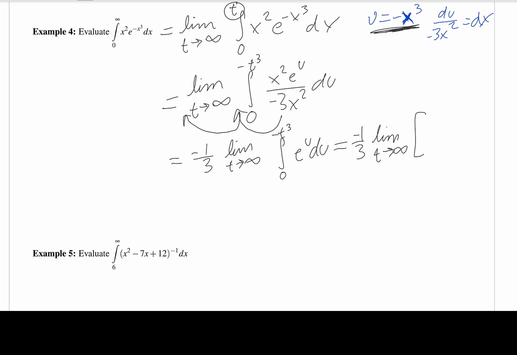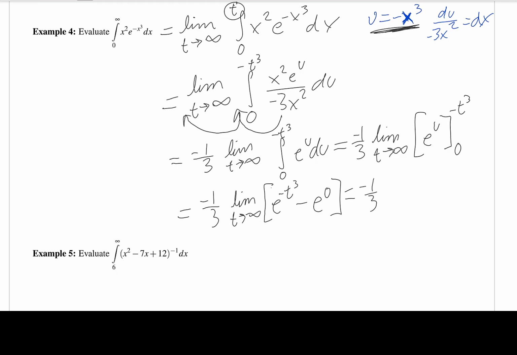The integral of e to the u is just e to the u, and we're evaluating from 0 to negative t cubed. And so this becomes negative 1/3 times the limit as t goes to infinity of e to the negative t cubed minus e to the 0.